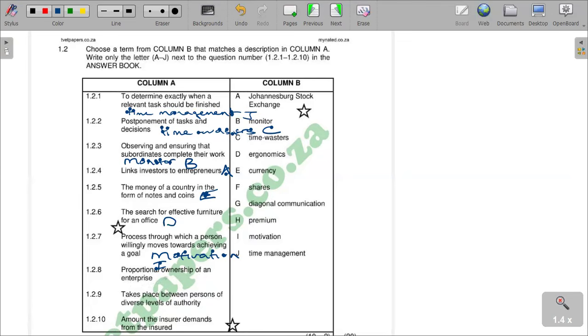Those are what you call shares. 1.29 takes place between persons of diverse levels of organization. That's what you call diagonal communication, which is G.